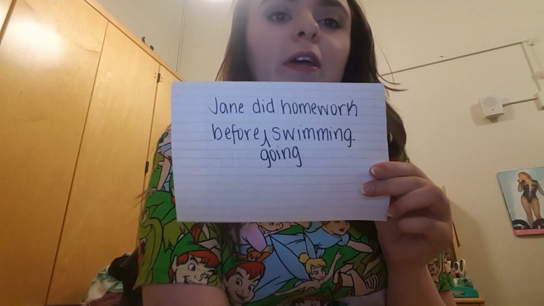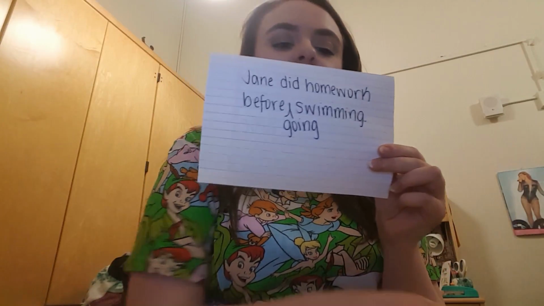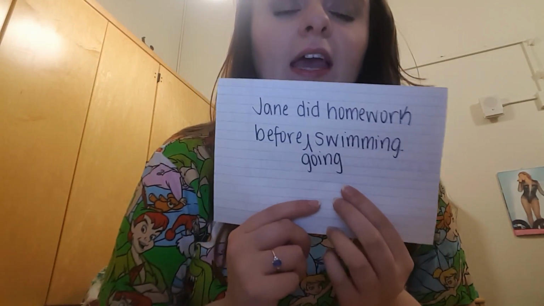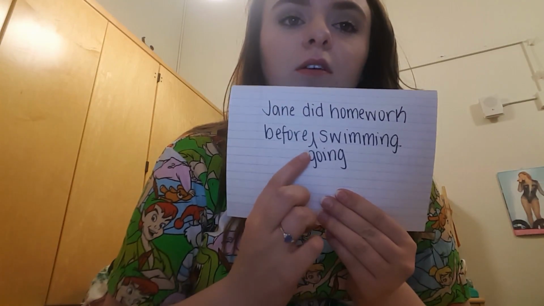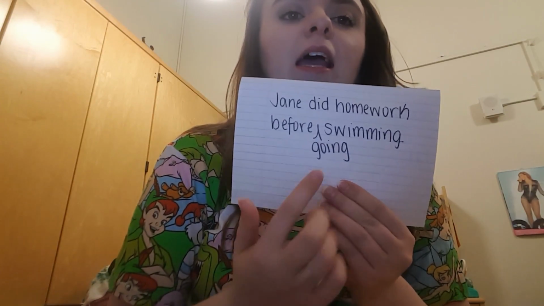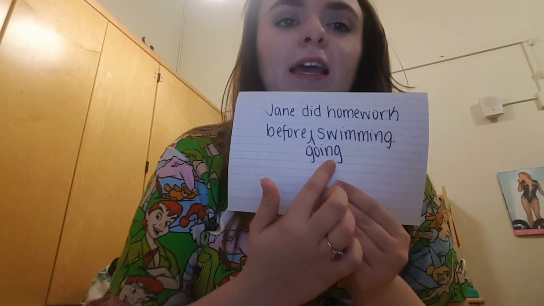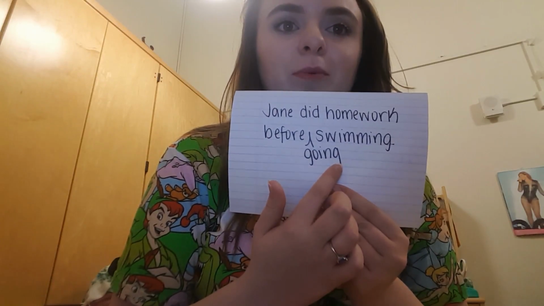Jane did homework before going swimming. Right? So we took away the subject of the adverb clause, we took away she, and we added the ing onto the main verb. Let's try one more sentence.